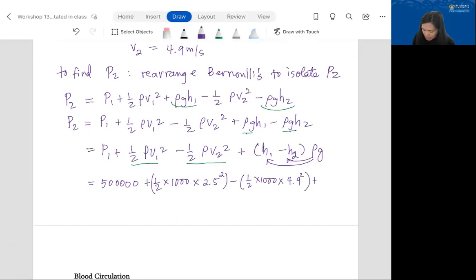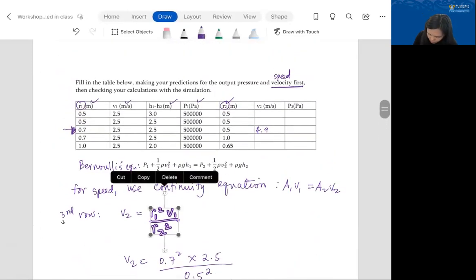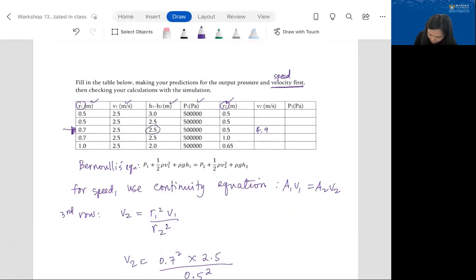Plus H1 minus H2, that's what's given. H1 minus H2 is 2.5.